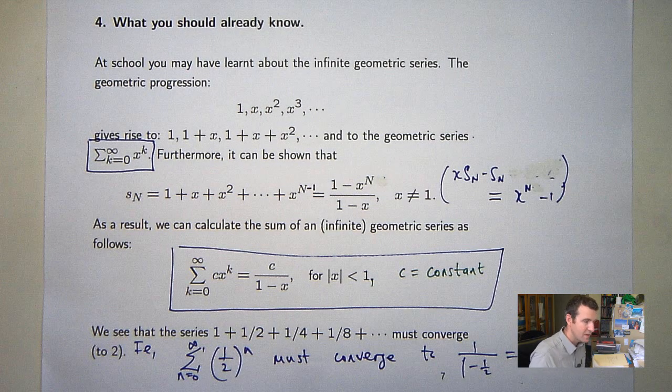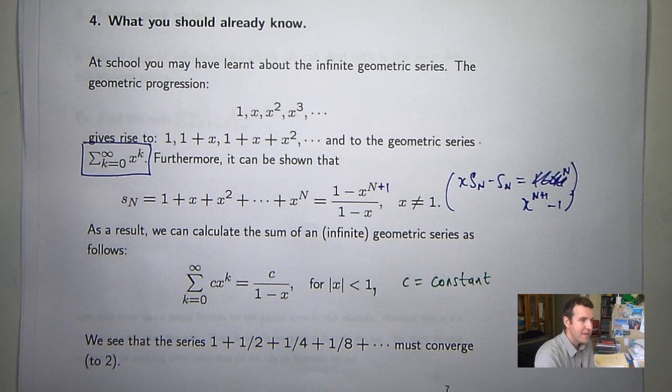What I can do is consider s sub big N and also consider x times s sub big N. If you take one away from the other, all the terms will cancel, and then I can factor and rearrange to obtain a pretty formula for this big nth partial sum.